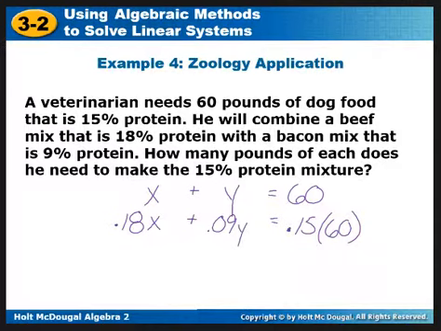Now you can see on the right side there, you have 0.15 times 60, so you can combine that, and that's going to end up being 9. So I'll just write that there in the end.